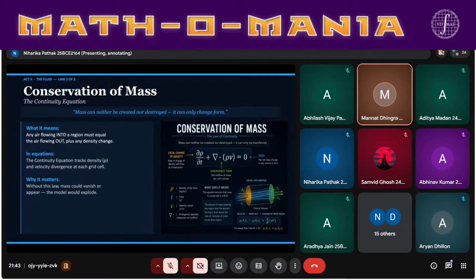Now, in the bottom right, we can see a cylinder, right? There are two ends of the cylinder. Let's say the left end of the cylinder has some area A1, and some particles are flowing through that area with some velocity V1.